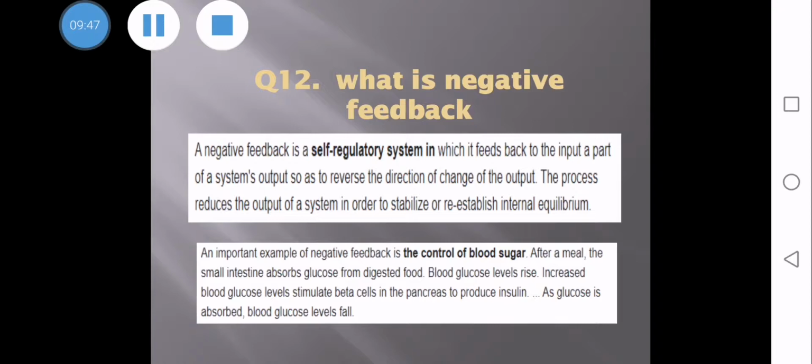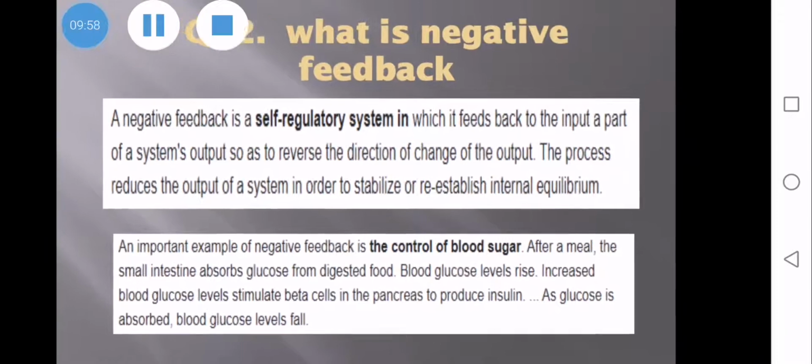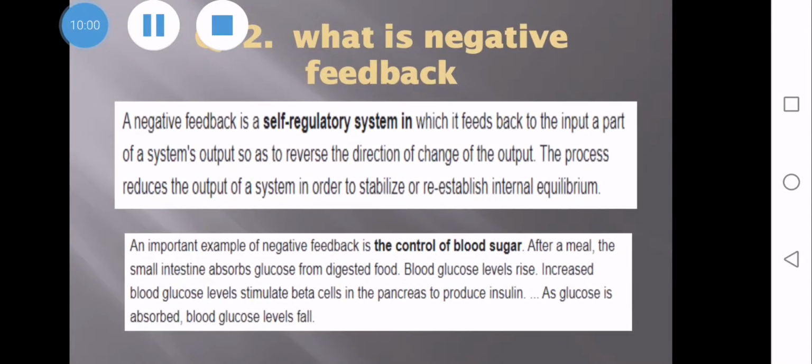It is a self-regulatory system in which a part of the system's output is fed back to the input so as to reverse the direction of change of the output. The process reduces the output of a system in order to stabilize or re-establish the internal system.